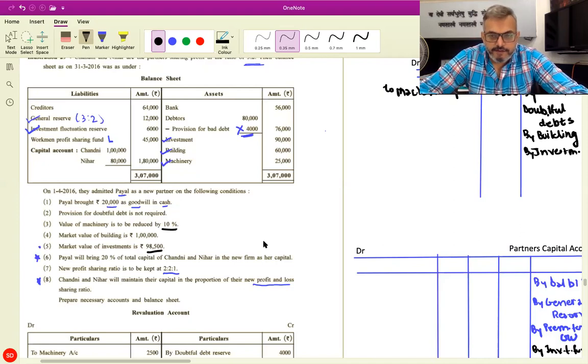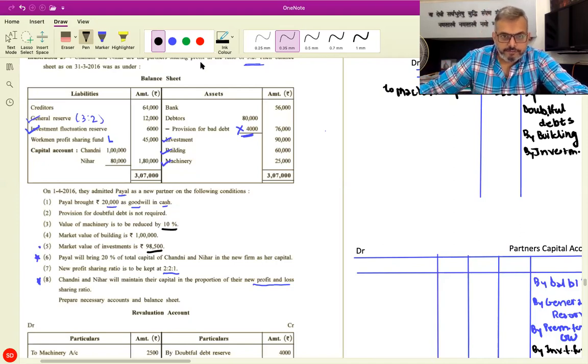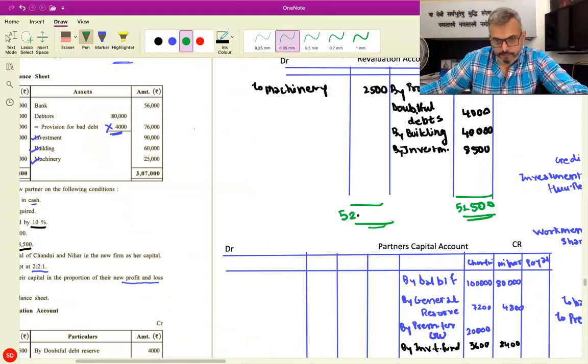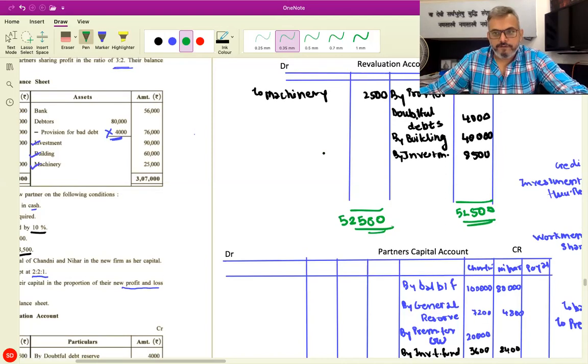So first, let's close the revaluation account. 44 and 8, 52,500, 52,500.